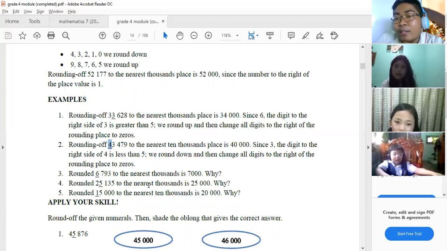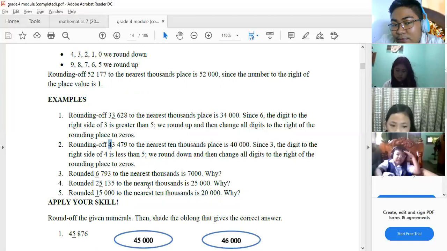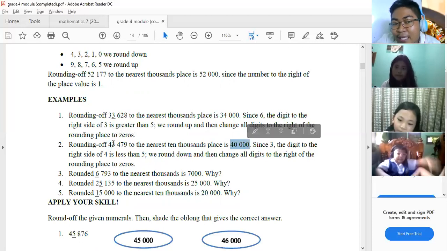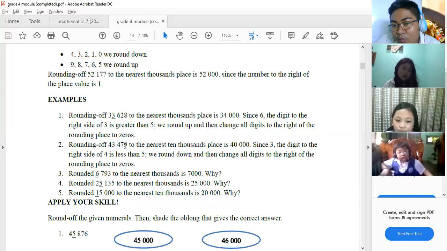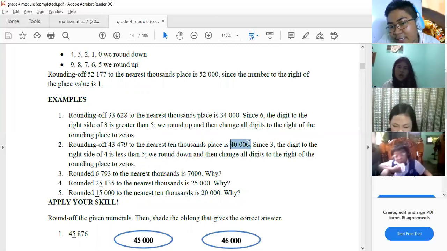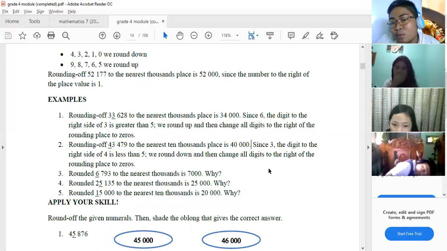Down. So do we stay or add 1? Stay. Therefore, we have 40,000. As you can see, everything to the right becomes 0. The answer is 40,000.